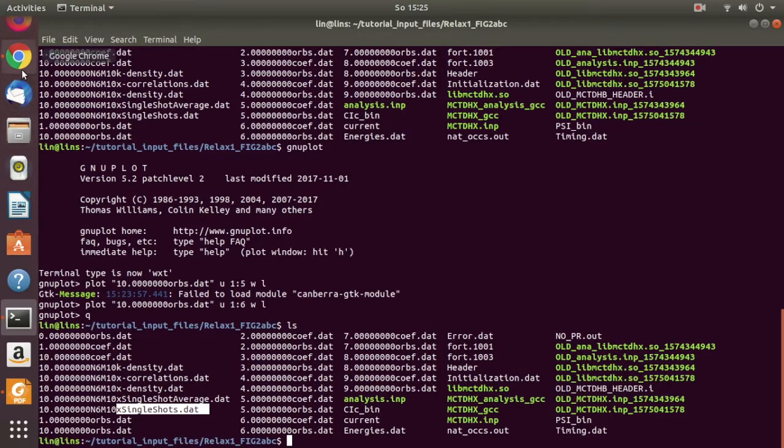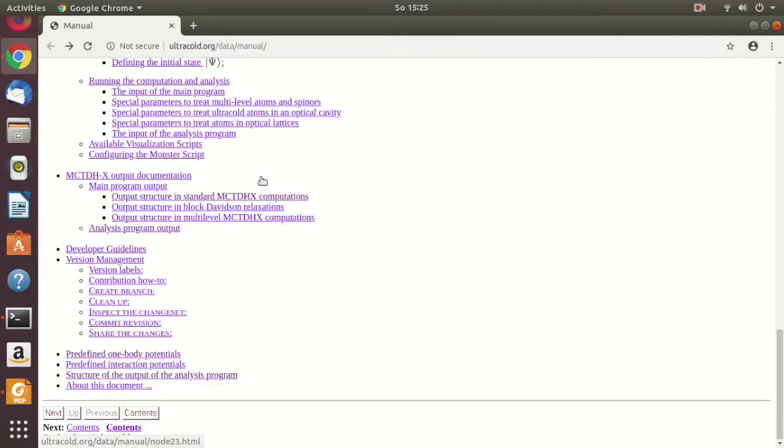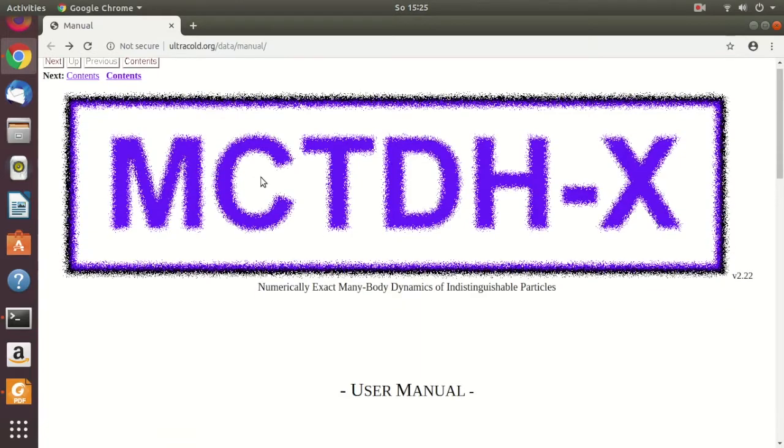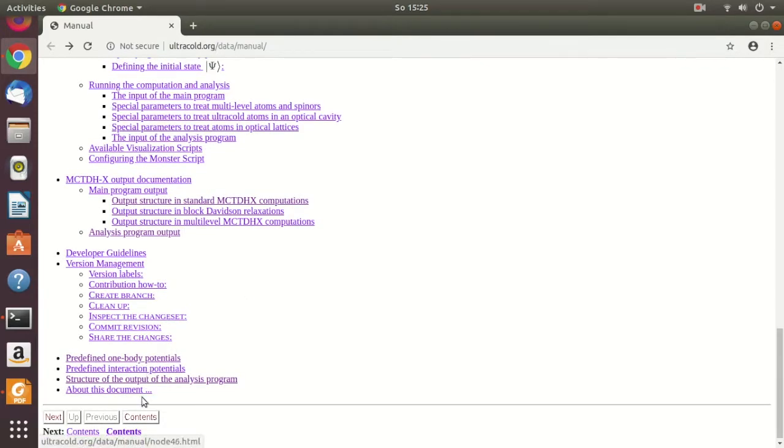The structure of these files is shown in the main page of the manual. The structures of the analysis output files are shown here, in the structure of the output file of the analysis program.